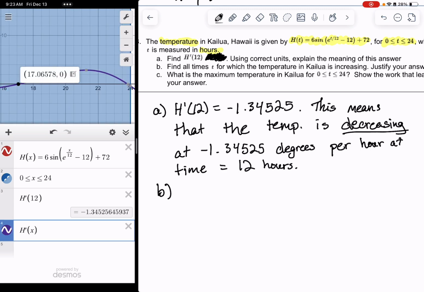So we have 17. Oh, let's write our full sentence.